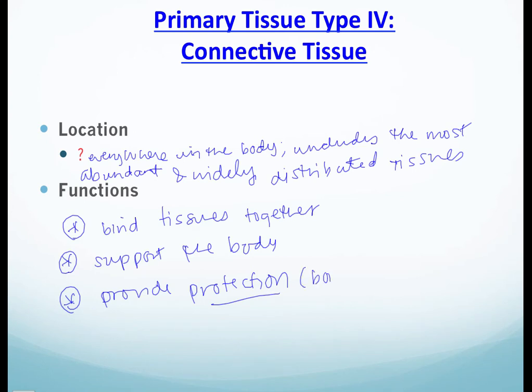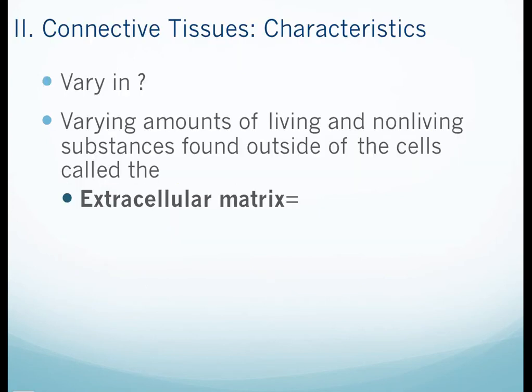So there's other ones too, but just want to briefly write that one down. All right. So looking at these connective tissues, they are widely distributed, and they also vary in vascularization.